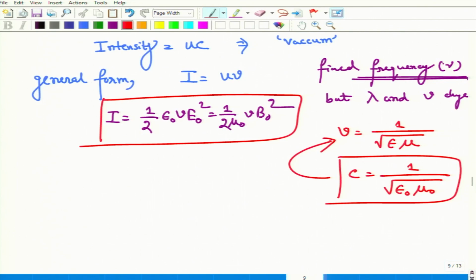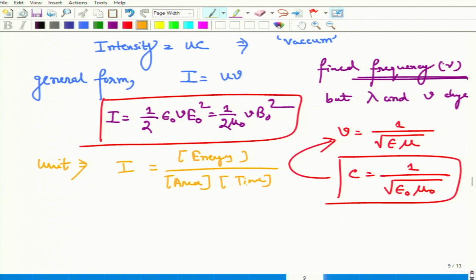Now, what will be the unit of the intensity? That is also an important question here. The intensity of electromagnetic radiation I is energy divided by area divided by time. Energy is joule, area is meter square, and time is second, in SI units.